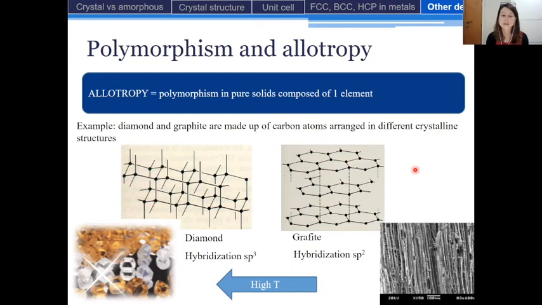Diamond is created at a high temperature. As you know, it is the same composition, but the crystalline structure makes this material much more expensive if it is the crystalline structure of diamond in comparison to graphite, which does not have such a high commercial value. So in that way, considering this example of carbon that can crystallize to form either diamond or graphite, we introduced allotropy.